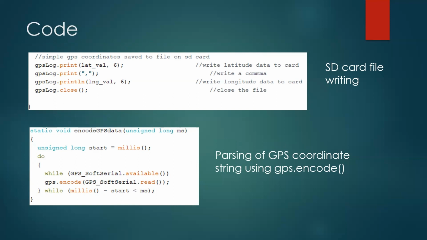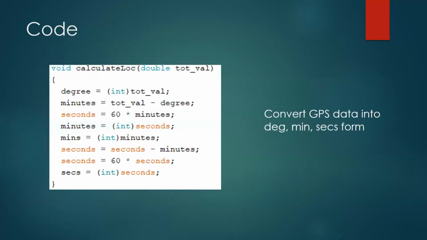The SD card receives the information from the GPS module. It's printed onto it, and you can see that there. That's inside the loop. And then we have the calculate location function, which, as I said, just converts GPS data into degree, minute, seconds form. And here we'll have our video presentation.